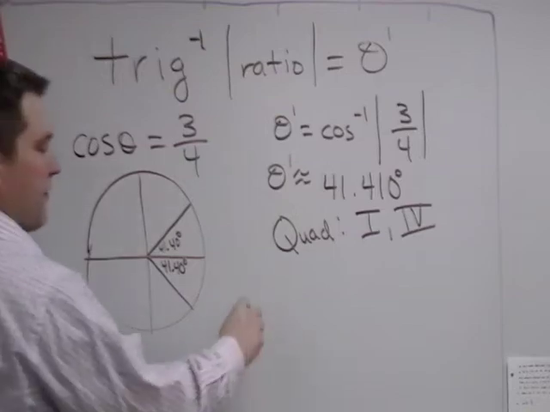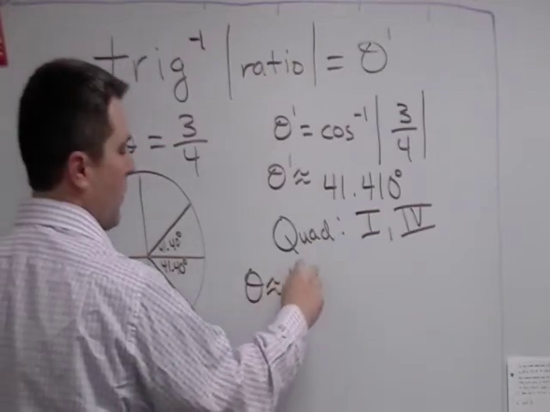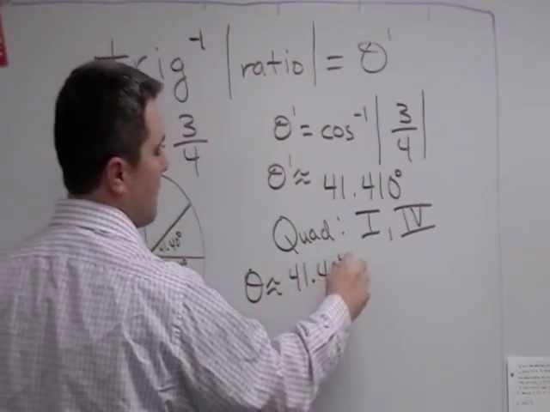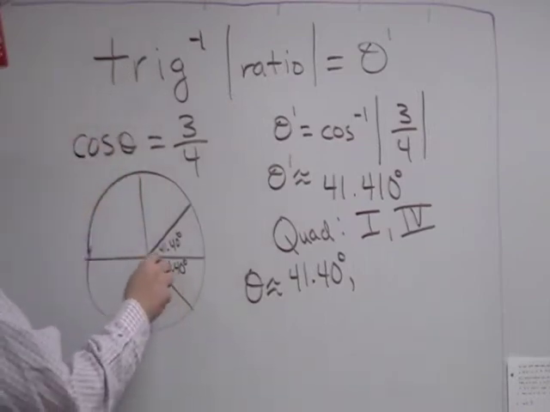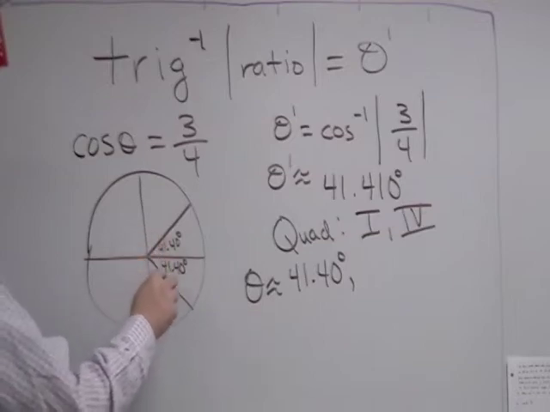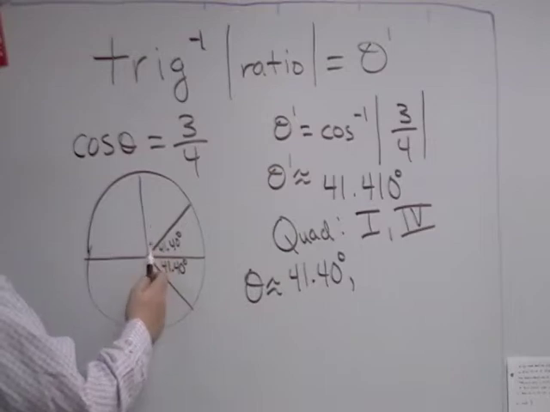Okay, so our theta, if we're 41.41 in quadrant 1, that's 41.41 degrees. And if we're 41.41 degrees in quadrant 4, we're going to go all the way around until we get to here. We tried to get all the way around to 360, but we stopped shy.